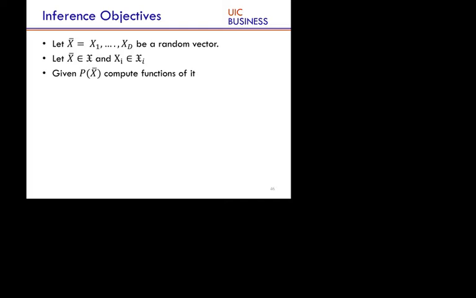So now we're going to look at inference. I've been alluding to inference multiple times, so what exactly do we mean by inference? We'll again revisit that. Let x bar be a random vector of d random variables, and let its domain be script X, where each random variable itself takes some values, which we represent as script I. Inference is all about, given this joint distribution over the random variables, computing functions of it.